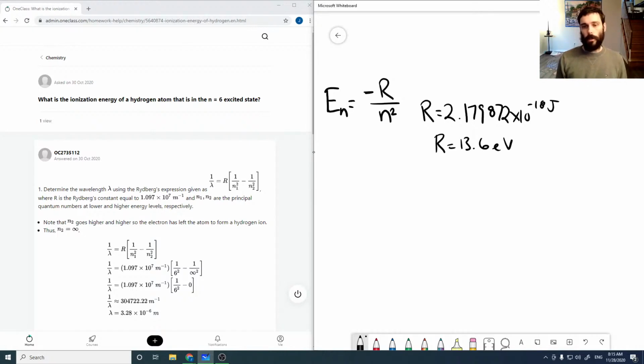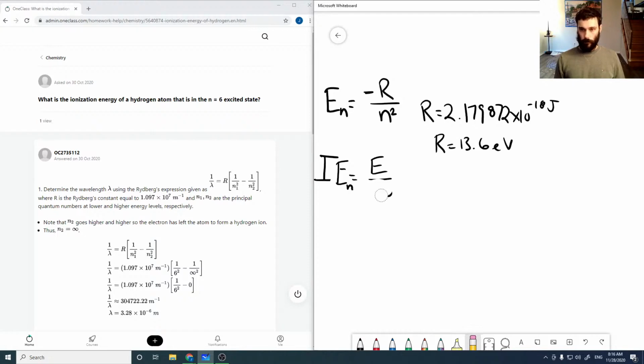So our ionization energy is the energy it takes to go from some n state to infinity.